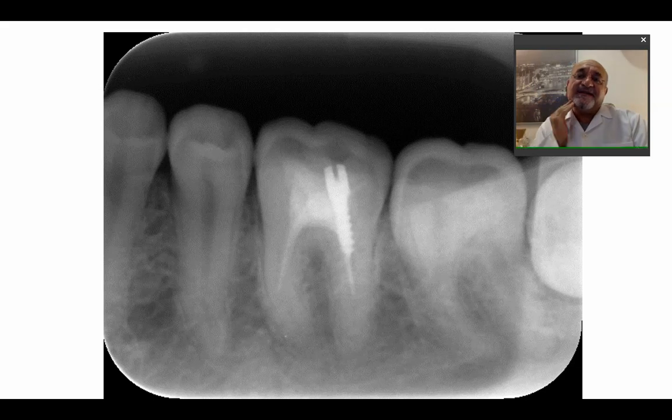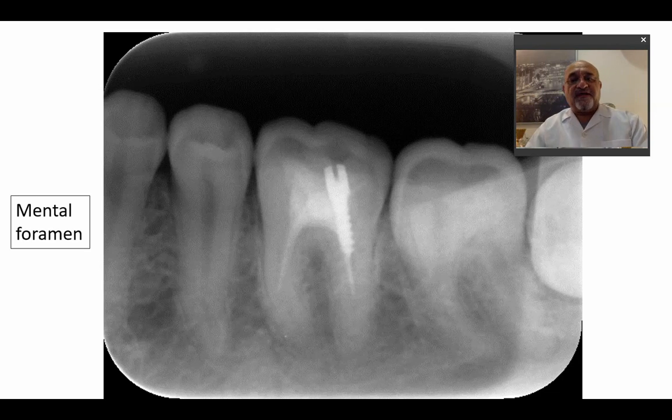If you increase the angulation, then the image will be compressed, so they will be closer to the apex of the teeth. So the mental foramen, as you can see it here, which is a bit vague in this radiograph, this is the mental foramen over here. It is located in between the apices of the 5 and the 4. It is more or less rounded in appearance.